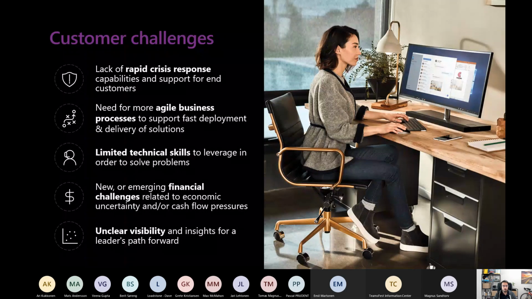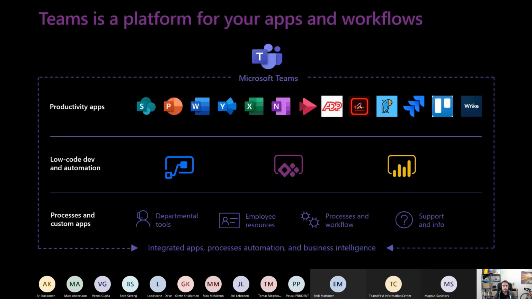So for all these challenges, we have the possibility to use Teams and, of course, the Power Platform to resolve all or part of these problems. With Teams as a platform, you can use the Microsoft 365 productivity apps and use Power Platform to create, in a low-code or no-code way, applications for your company.